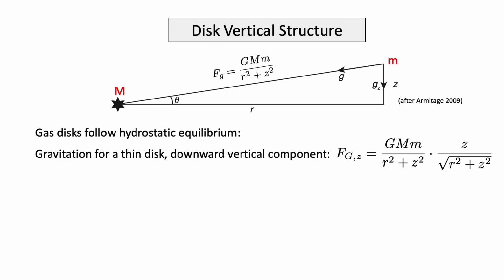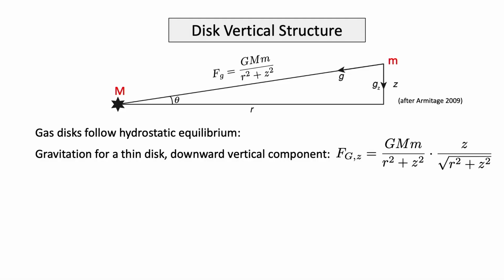But let's check the vertical part. Now, this is not plotted quite correctly here. This acceleration vector, force vector, has a component in vertical direction, which is of course smaller than shown here. And it's easy to quantify it because we have Newton's law along this line. The complete gravitational force is G times the mass of the star, times the mass of this element, divided by the distance squared, which is r squared plus z squared.